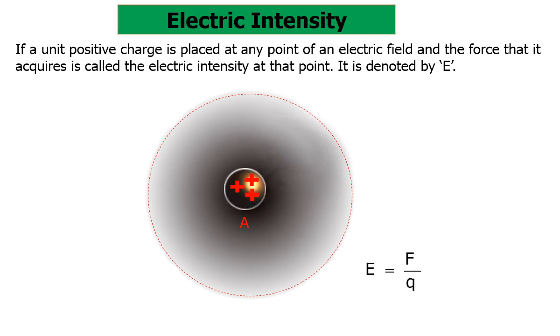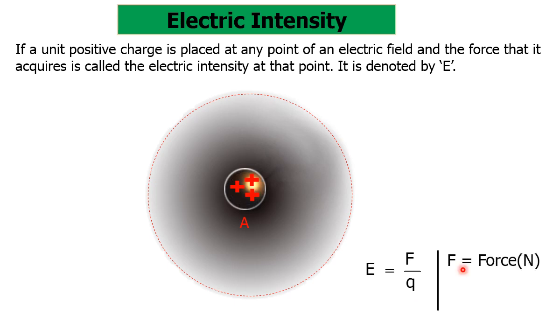Suppose the body takes positive 1 coulomb charge from outside to the electric field, and it will get F amount of force. So the electric intensity will be E equal to F by Q. That is the formula to calculate the electric intensity.